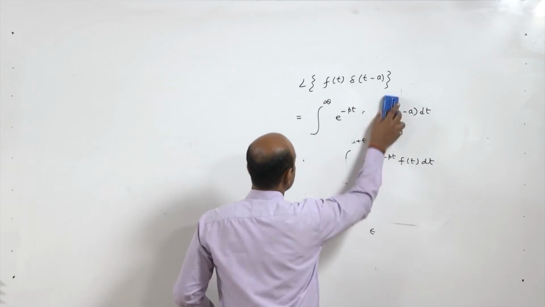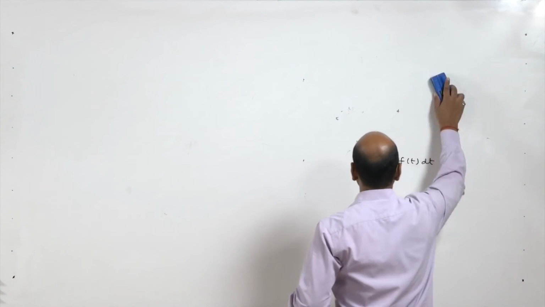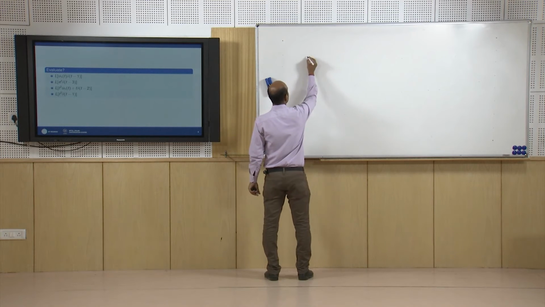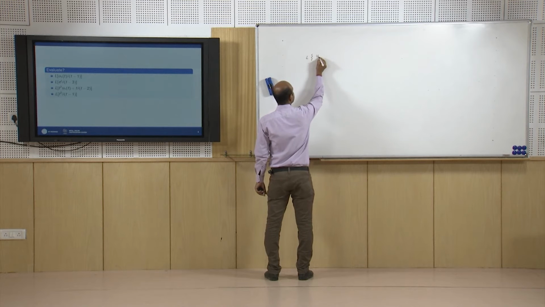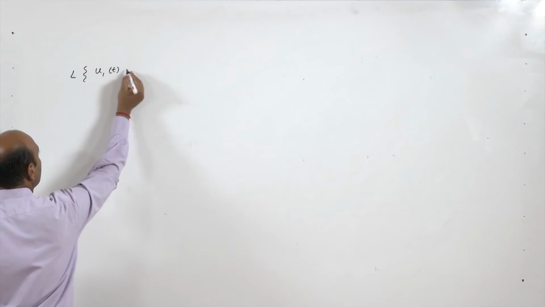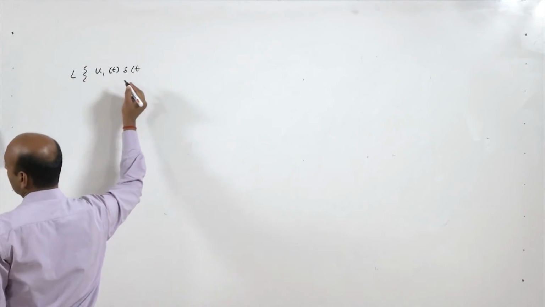Okay. So, this is how we can find out the Laplace transform of f(t) into Dirac delta function. So, now let us try to find the Laplace transform of these problems. First is the Laplace transform of unit step function at t equal to 1 into Dirac delta at t equal to 1.